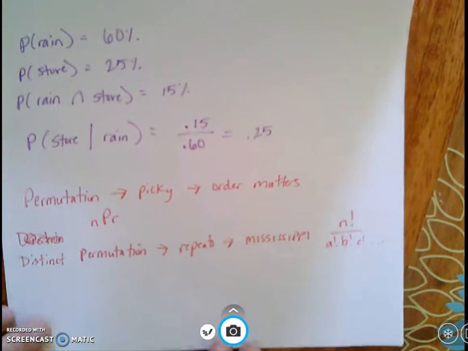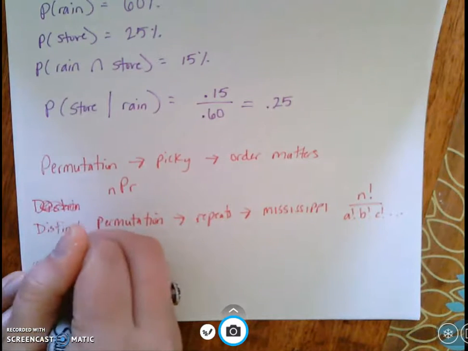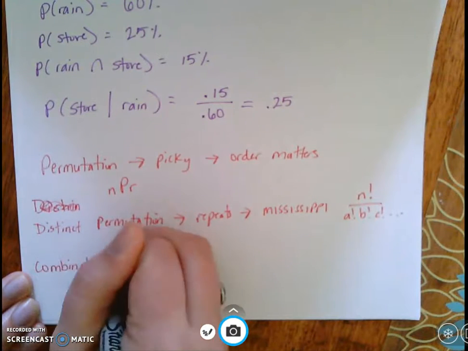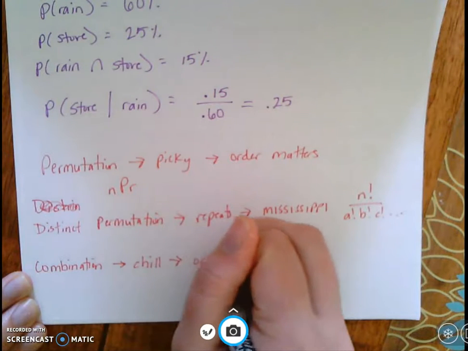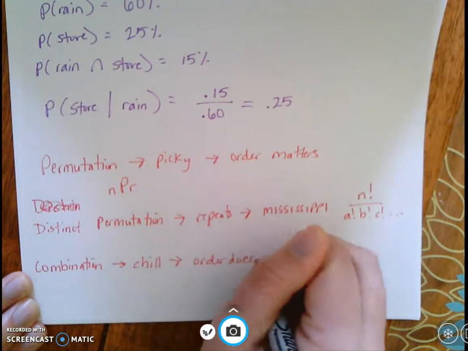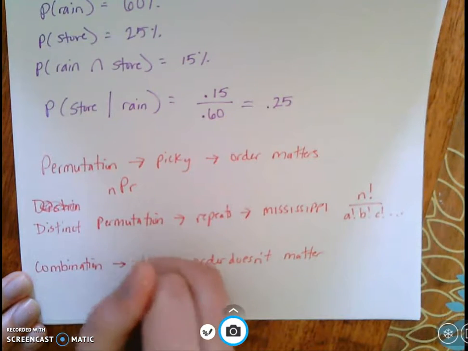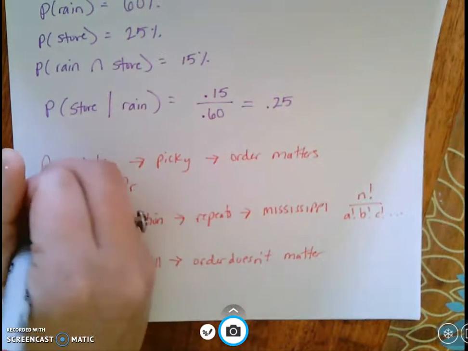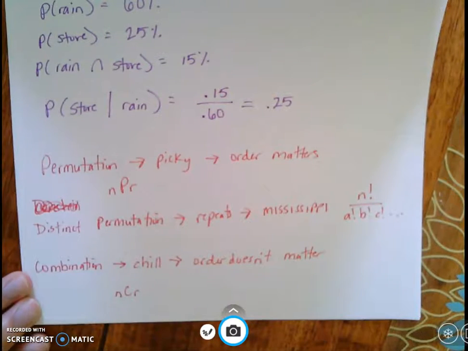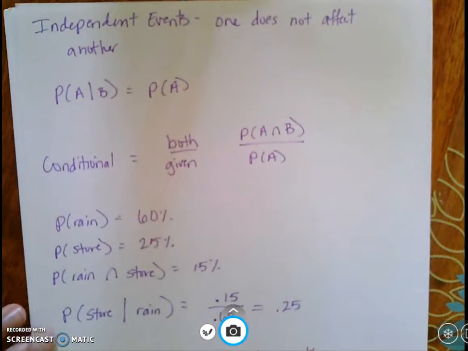And then the last thing you have was combination. Remember, combinations are chill, and what that means is order does not matter. In the calculator, that was nCr. So these things are stuff we have already done in class, so I'm sure you guys can pass that one really easily. The other two you have to do are independent events, which has this formula, and conditional, which has this one.